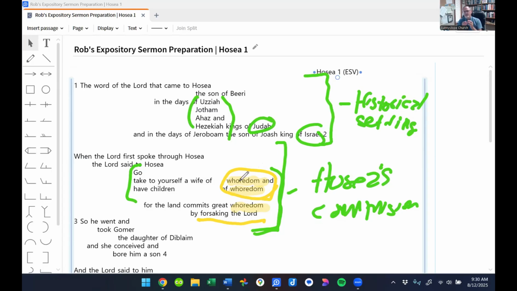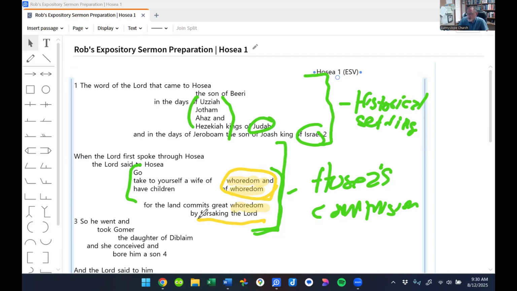By telling Hosea to marry this woman, God was saying, ideally, I intended to have this marriage relationship, but the people have forsaken that. They have broken down that marriage relationship. So that image of marriage and fidelity becomes a main theme throughout the book of Hosea, this idea of God relating to his people as a spouse.